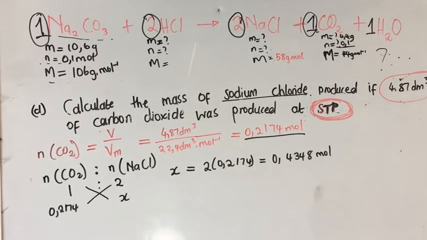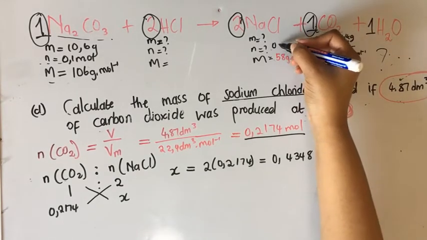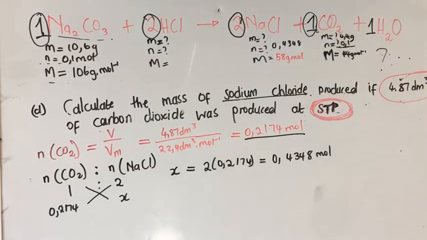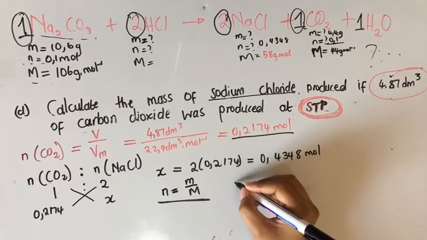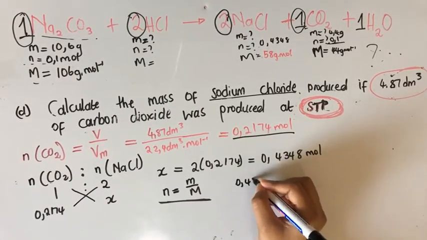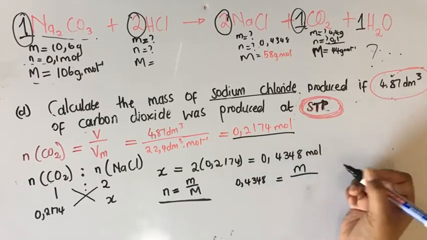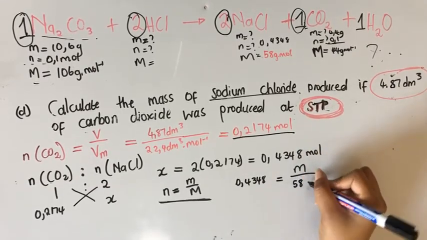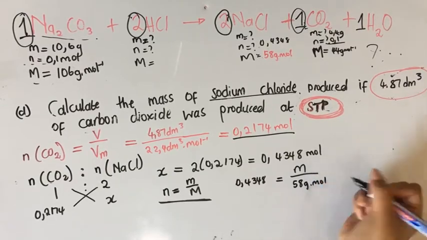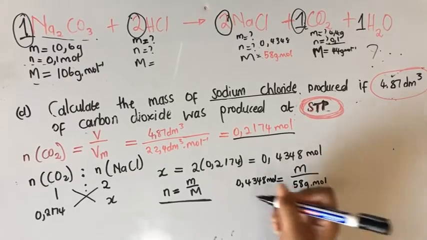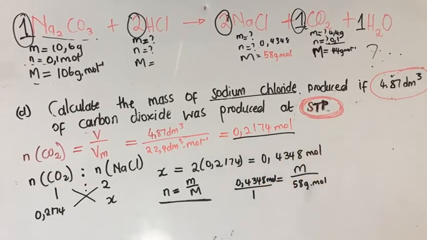All right, so now the number of moles of sodium chloride is 0.4348. Okay, so now we talk about mass. The number of moles 0.4348 is equals to mass over molar mass of 58 grams per mole. Here the moles are all over 1.